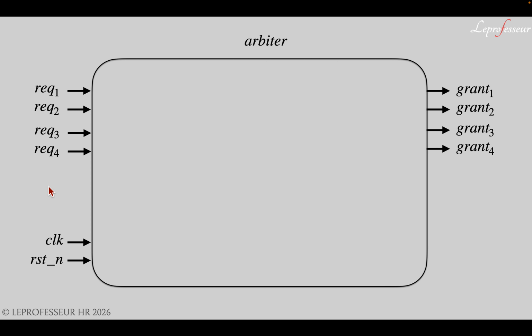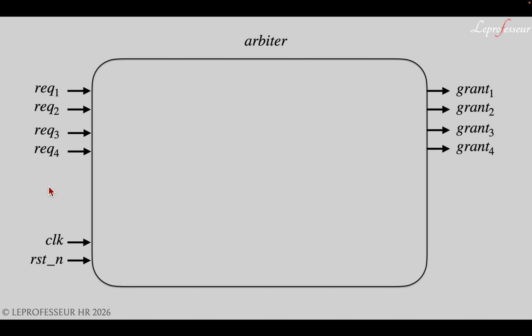In this example, I'm assuming a very simple round robin, which means requester one gets a grant if no other requester is requesting. But it may happen that all four requesters are trying to access the memory at the same time, in the same clock cycle.